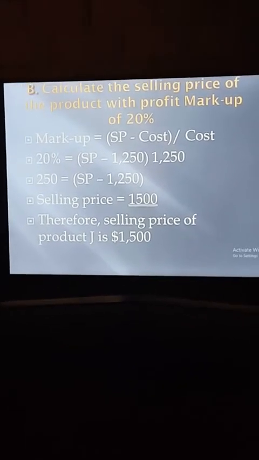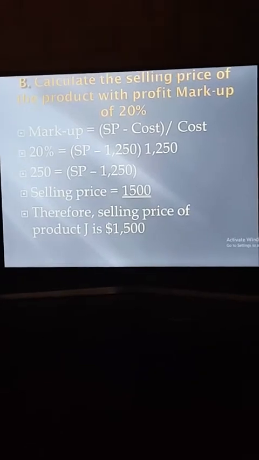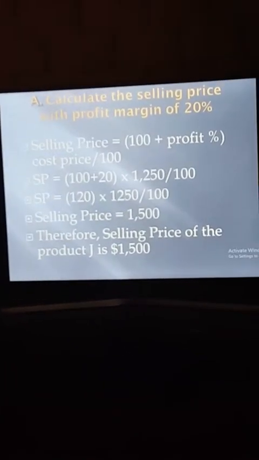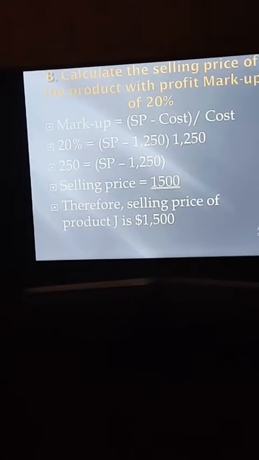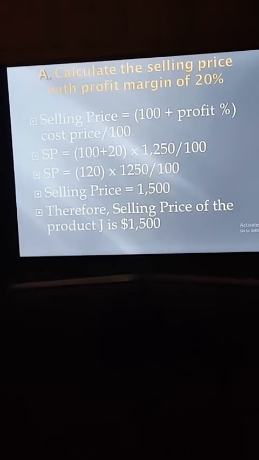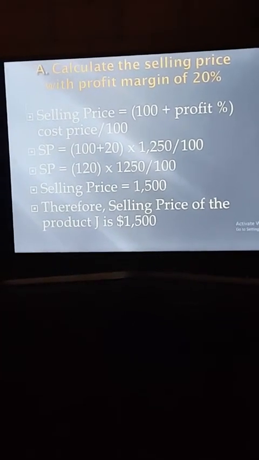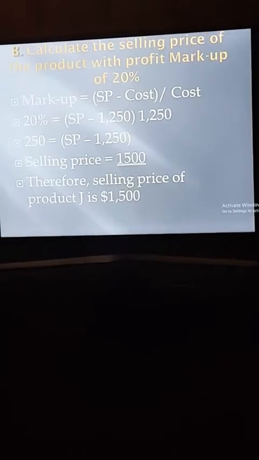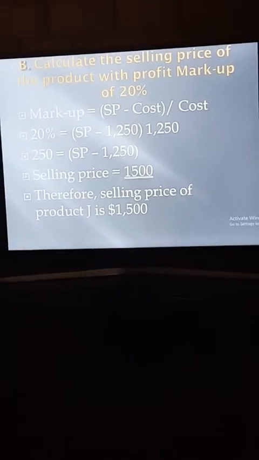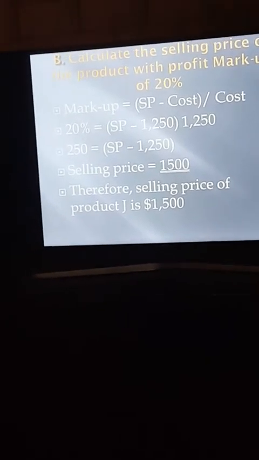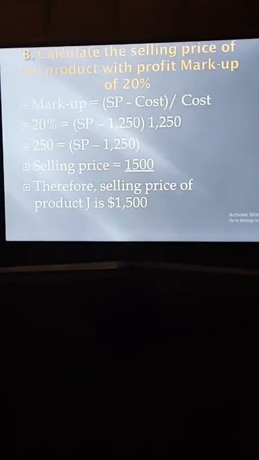Therefore, the selling price of product J is 1,500. You can see that the selling price for both calculations is the same: the selling price found using profit margin and the selling price found using profit markup are the exact same, 1,500 for both.